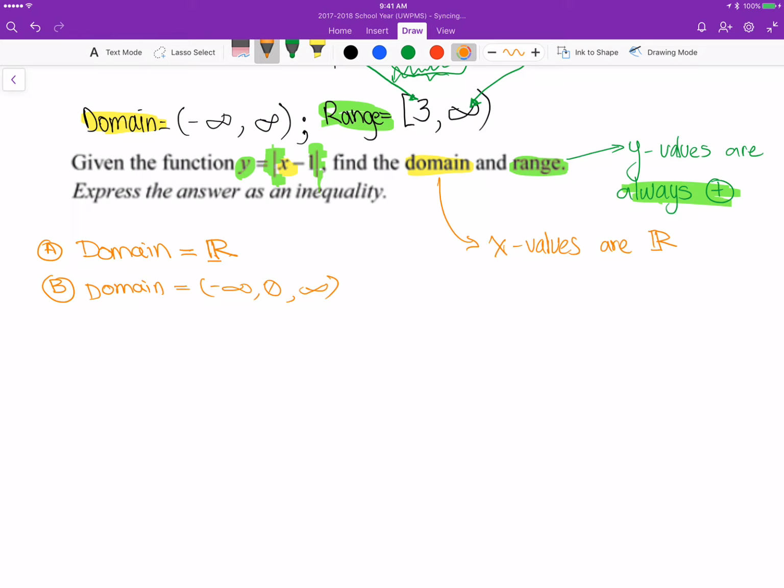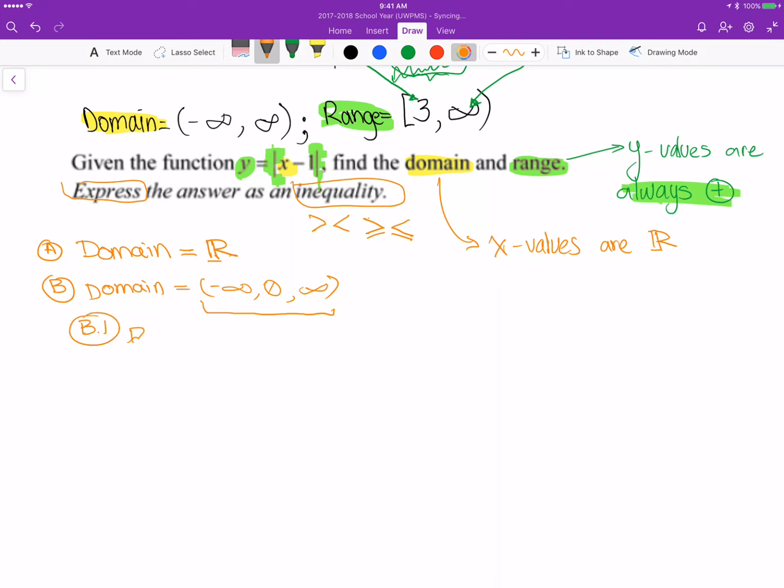So this right here is going to help us understand how to express the answer as an inequality. Remember, inequalities are this. Okay. I'm going to call this B.1. So that's the third option.